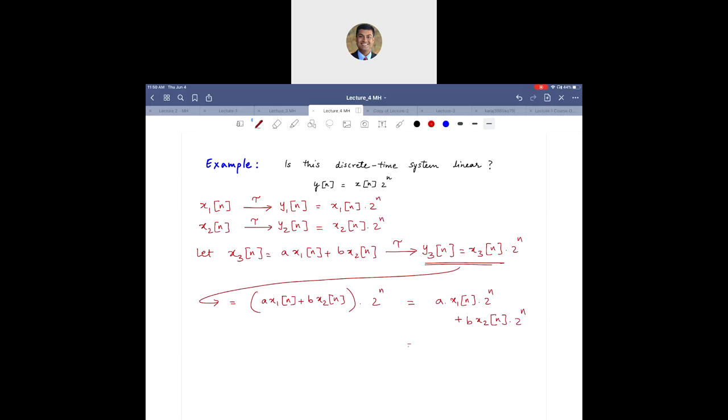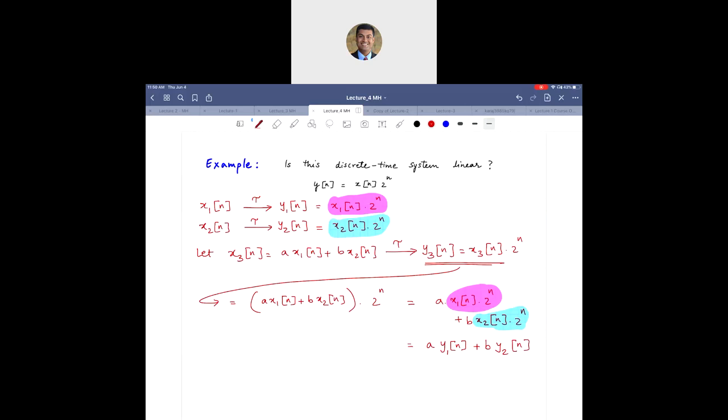And I think this should be okay. X1 of n 2 raised to n is right there, and x2 of n is right there. So I should be able to say a y1 of n plus b y2 of n.